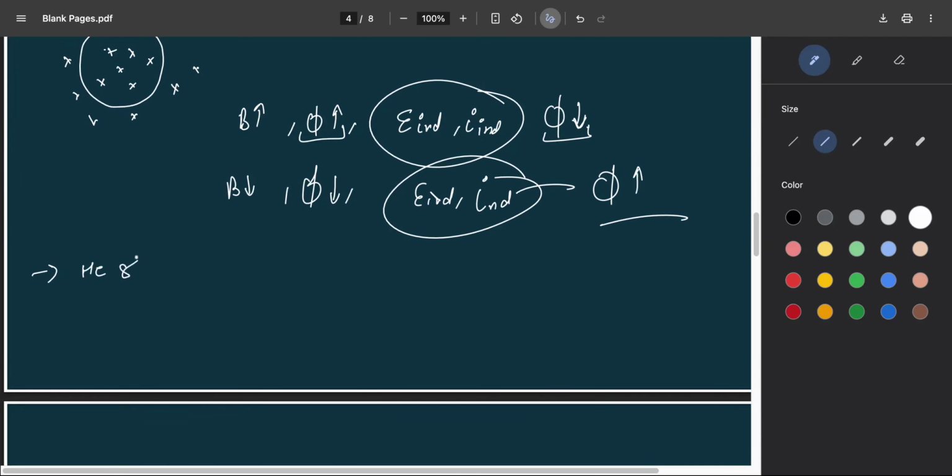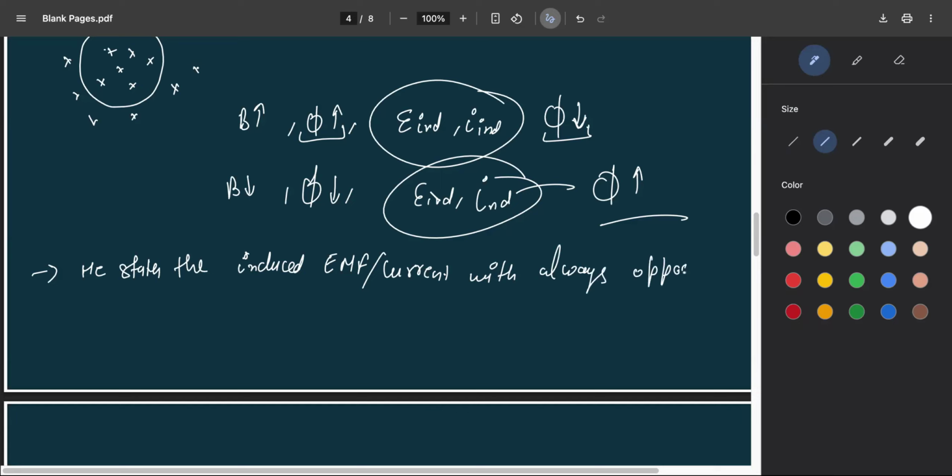It states that induced EMF or current will always oppose the change in linked magnetic field.